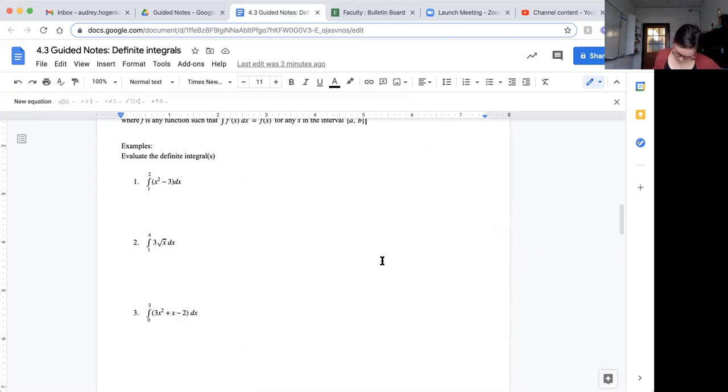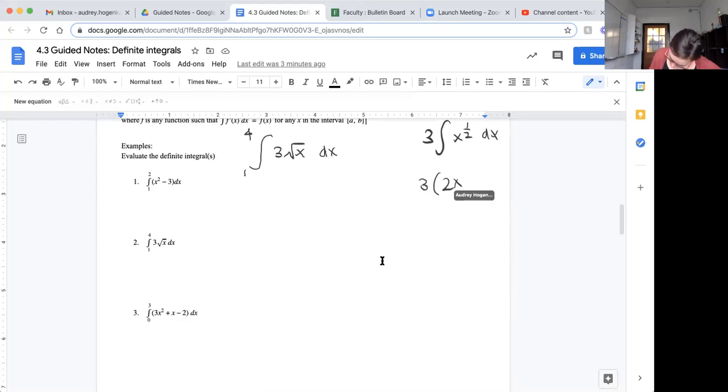So number 2, we have the integral from 1 to 4 of 3 times the square root of x dx. Okay, and so we are going to take our integral normally. So 3 times the integral of x to the 1/2 dx.